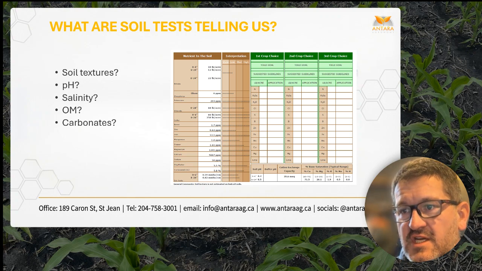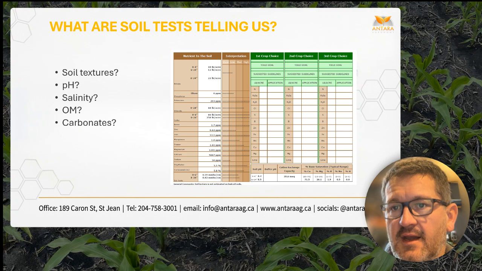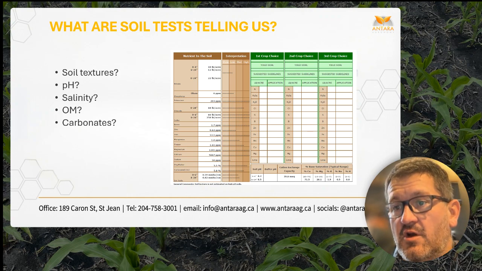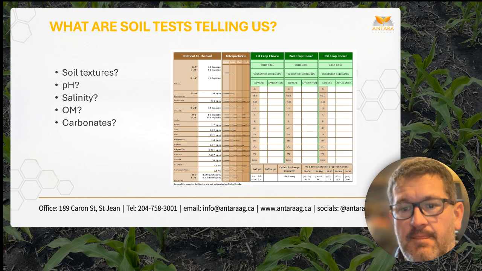So higher carbonates, generally we've got more subsoil at the surface. We've lost more of that good high organic matter soil. So these are all different clues, high pH as well, that can help indicate those things, especially when you're contrasting or comparing a good area to a bad area.